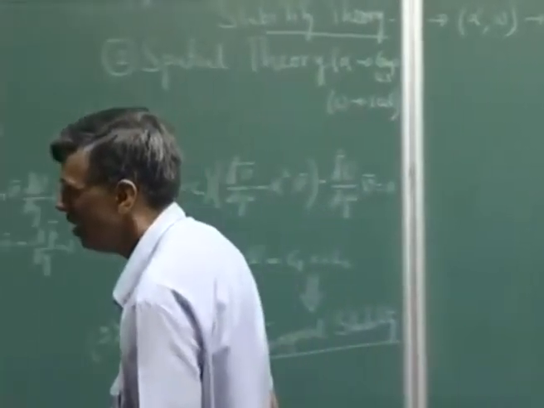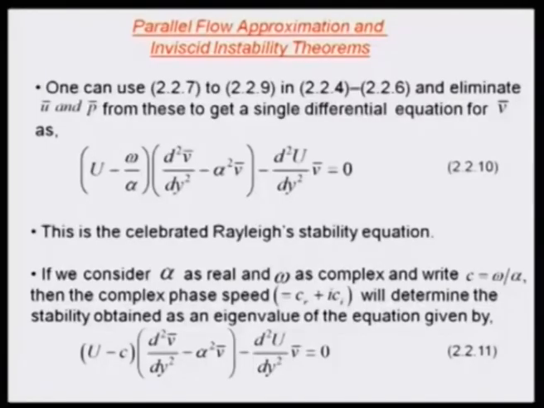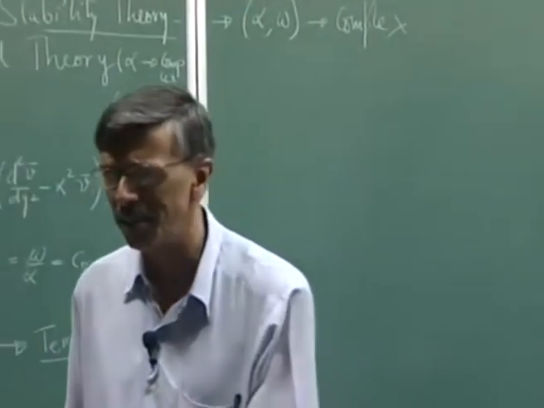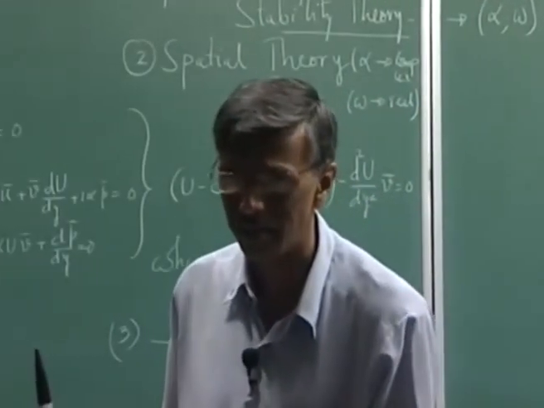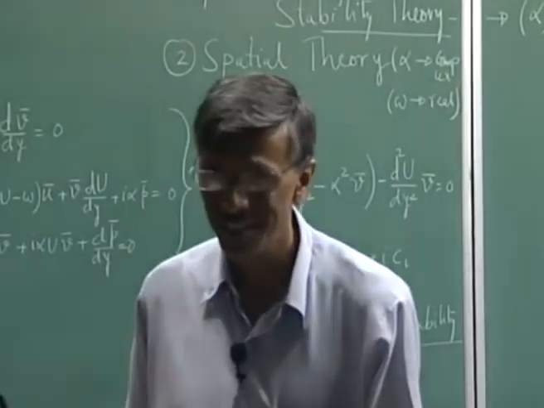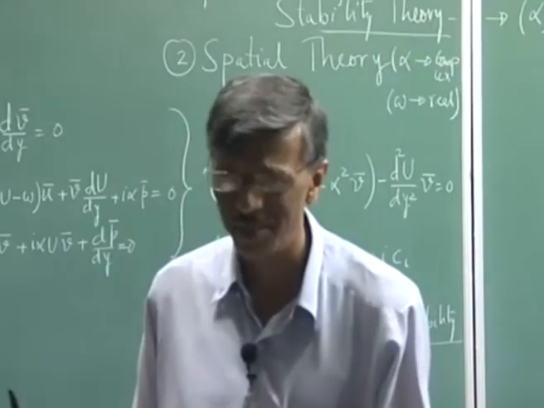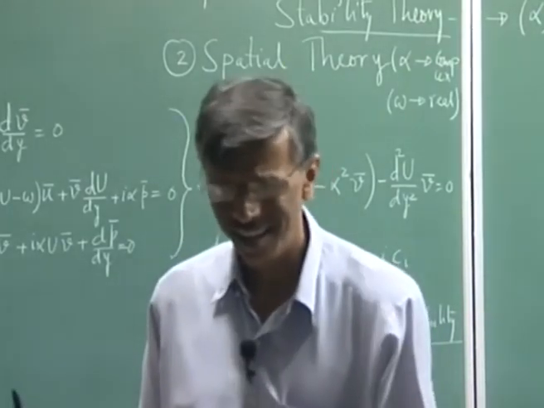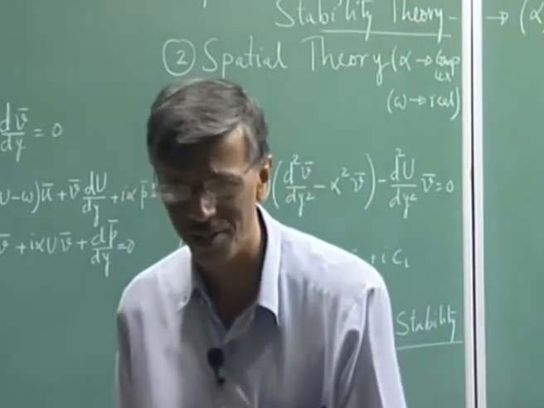First and foremost, you do not have an analytical expression for U. U is what? It is the equilibrium flow that we assumed to be parallel. That means it is only a function of y. How do you get it? Imagine, this is Rayleigh's time. Prandtl had to come out with his boundary layer theory later, another 40 years downstream.